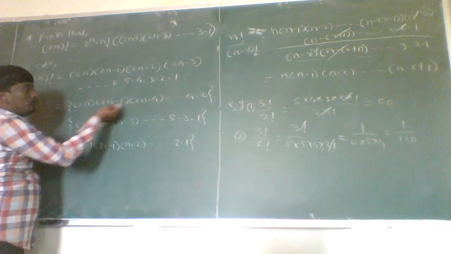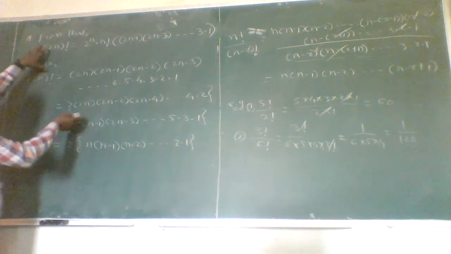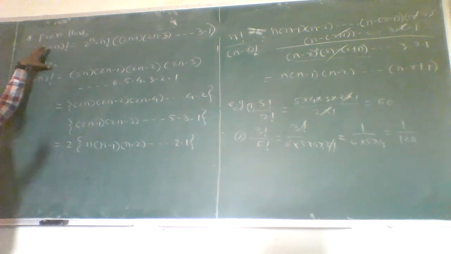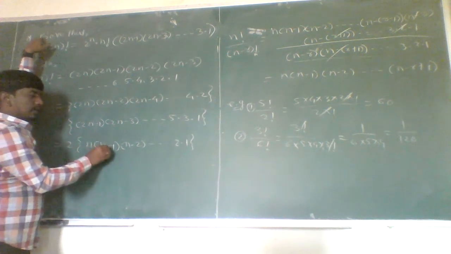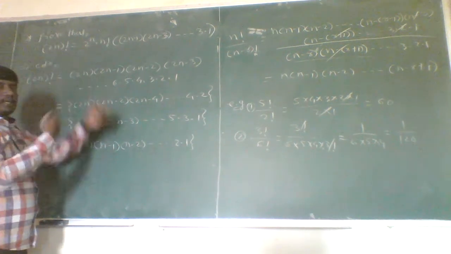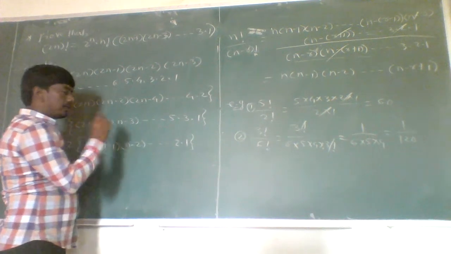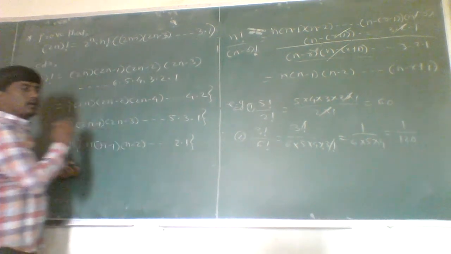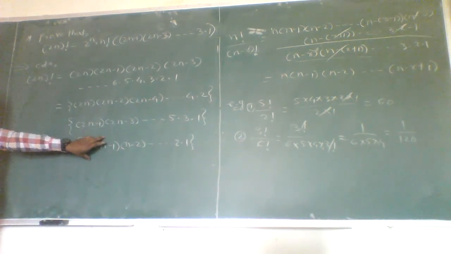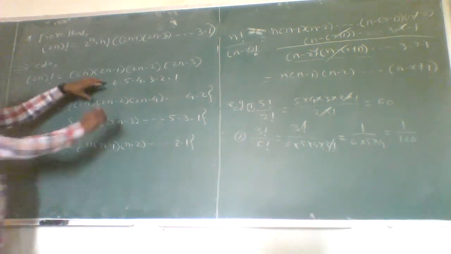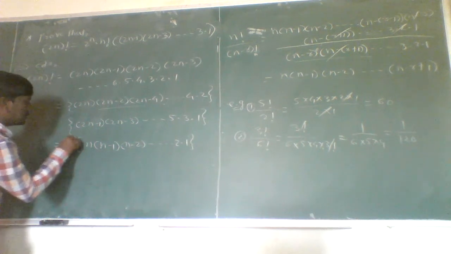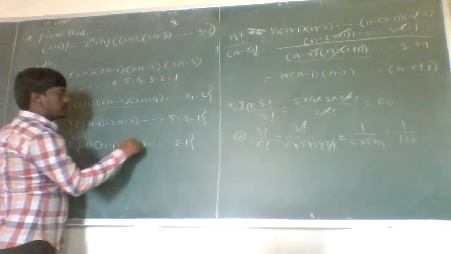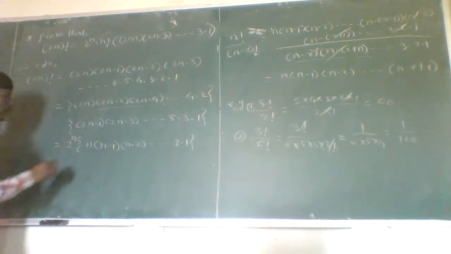How many 2's are possible to take common? There are n, since from n, from n minus 1, second one, from n minus 2, third one, up to so on, there are n 2's that can be taken common from these even terms. So it is nothing but 2 raised to n into n minus 1, n minus 2 up to so on 2 into 1.